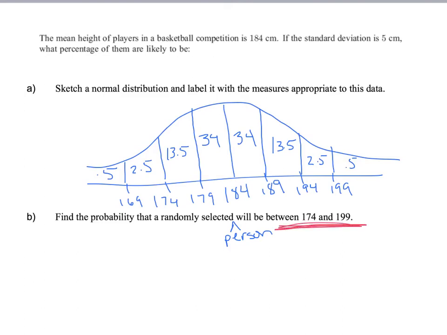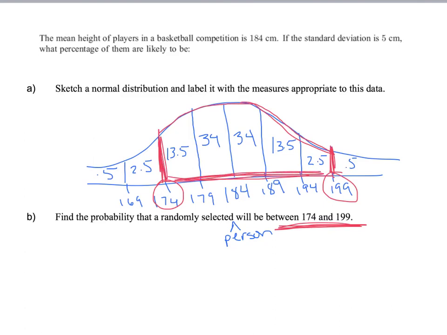If I'm looking to find the probability that a randomly selected person is between 174 and 199, that means I'm starting here and I'm going up here. The probability that a person is going to be in that height range is equal to the percent of people in that height range.